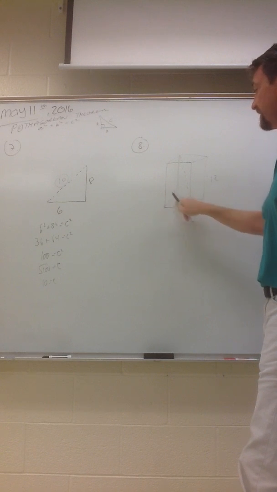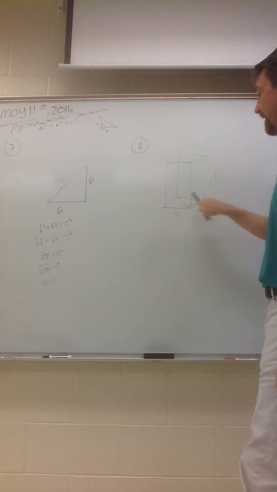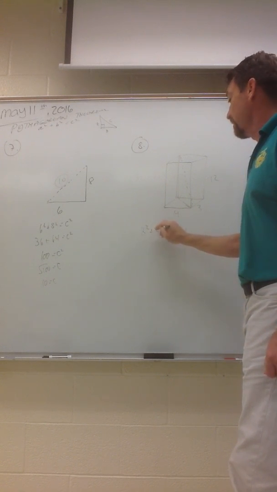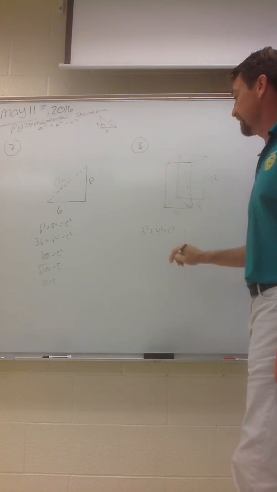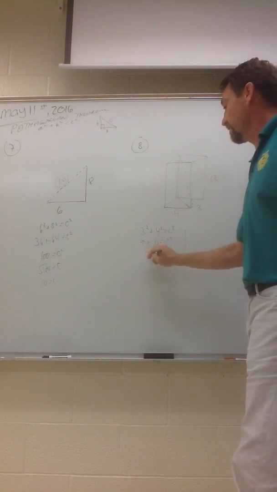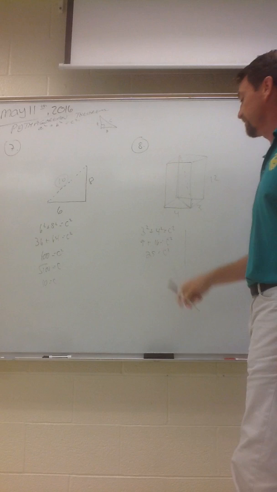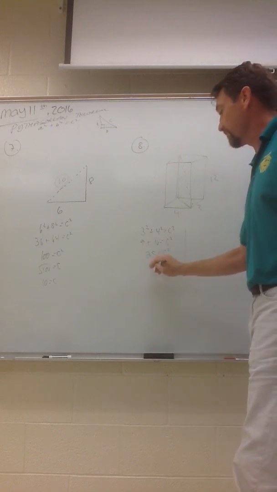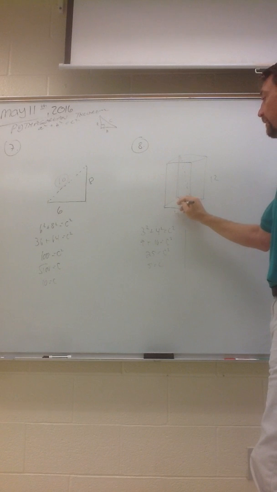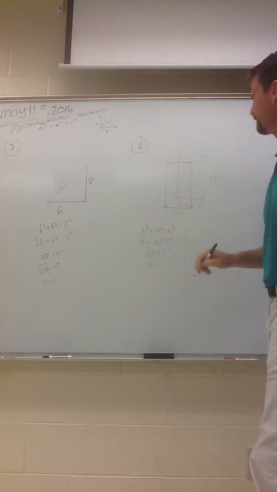First, to find this missing length would be the hypotenuse of a 3 by 4 triangle. So we can say that 3 squared plus 4 squared will equal c squared. 9 plus 16 is c squared. 25 equals c squared. Find the square root on both sides, and we get 5 equals c. So this line here, we now know is 5 units long.